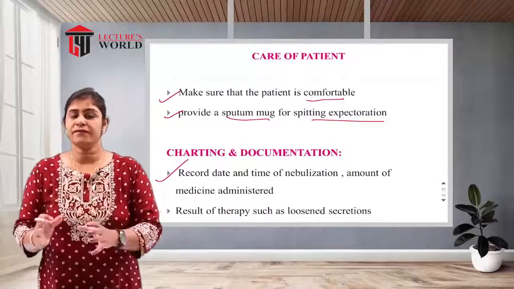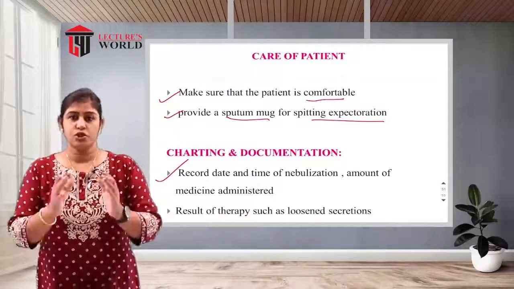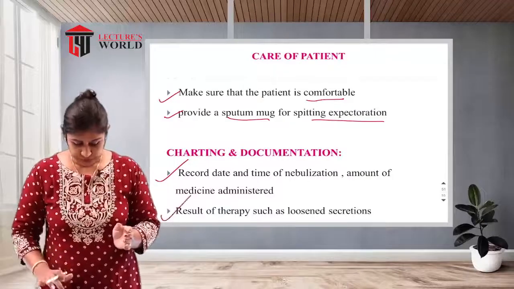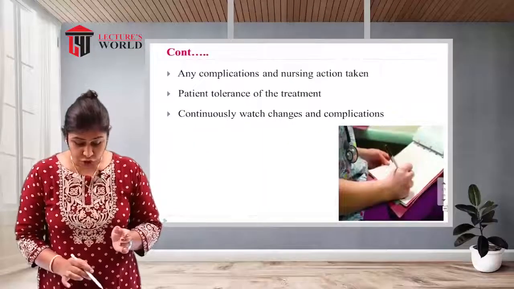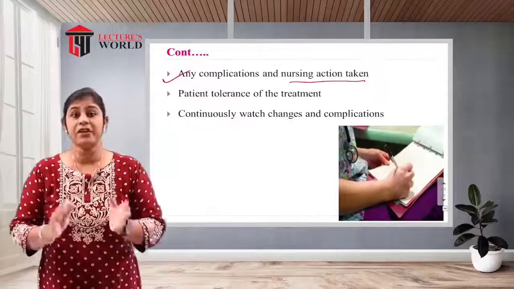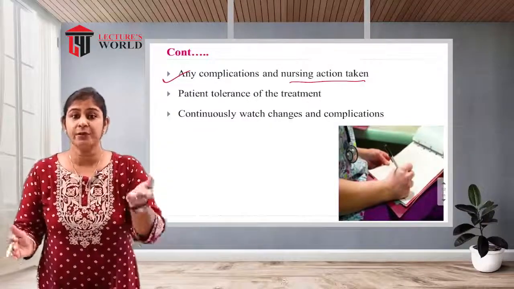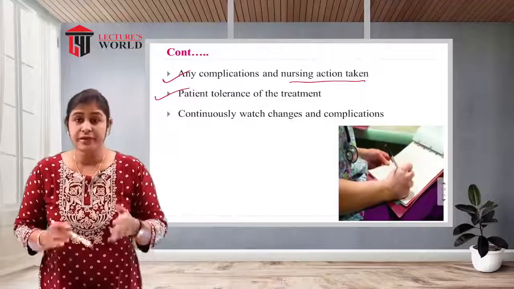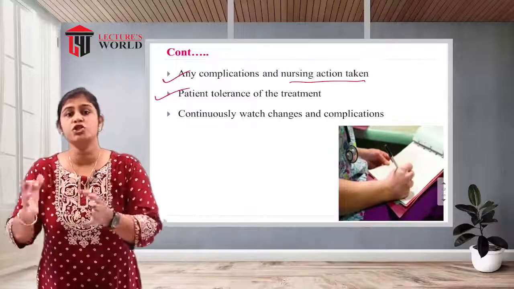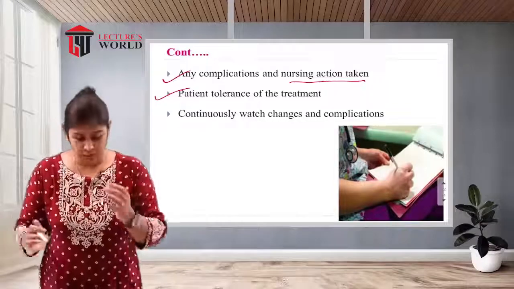Document each and every point that you have seen during the procedure. Also record any complications and nursing action taken, and the patient's tolerance of the treatment, that is, how well the patient tolerated the procedure.